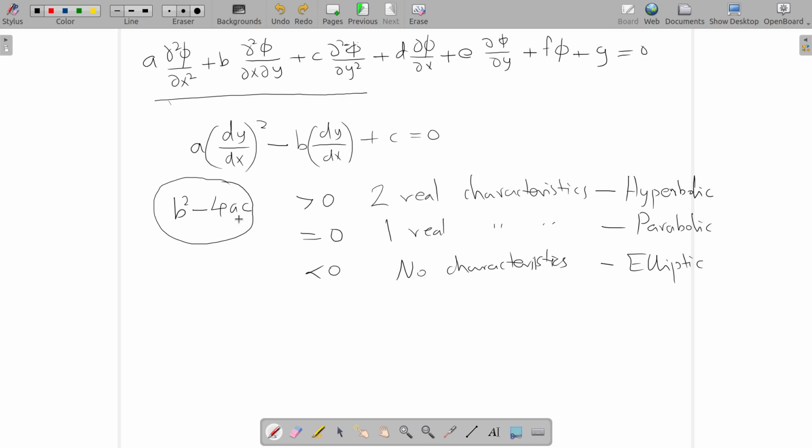That can be the case if these coefficients are a function of x and y, or just x or y. So this is a useful formula that you can remember to figure out what class of problems a particular PDE falls into.